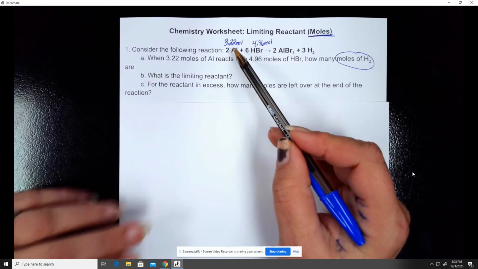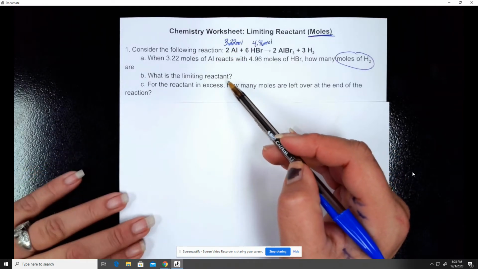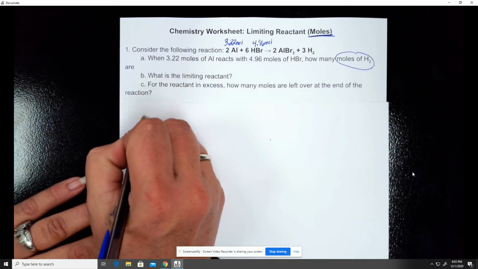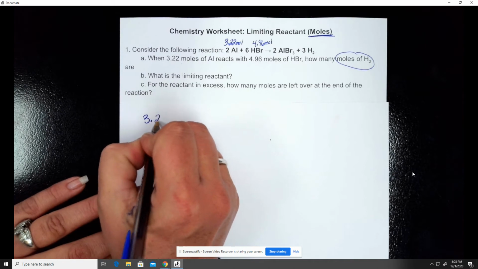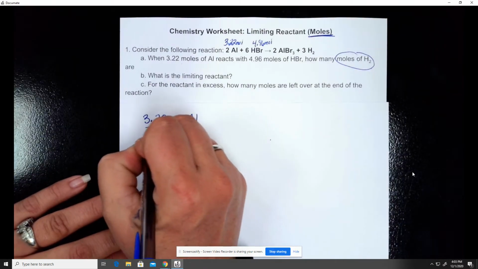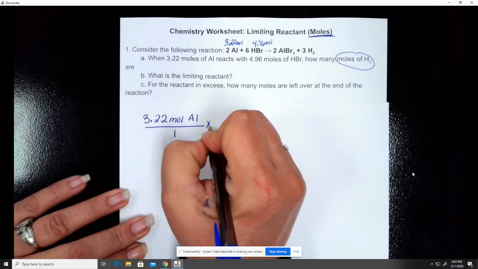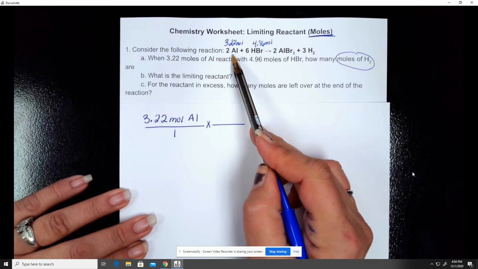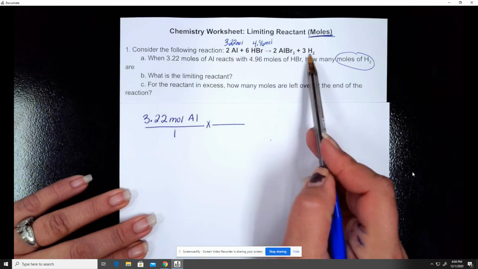So, remember I have to do 2 small train track problems. I'm going to start with aluminum first. I am going to do a mole ratio between aluminum and hydrogen because that's my end goal.